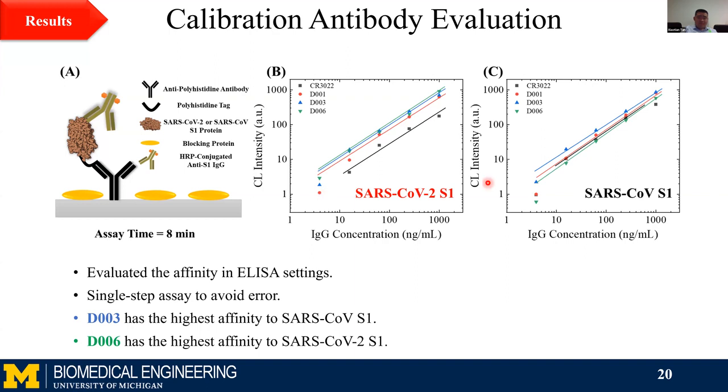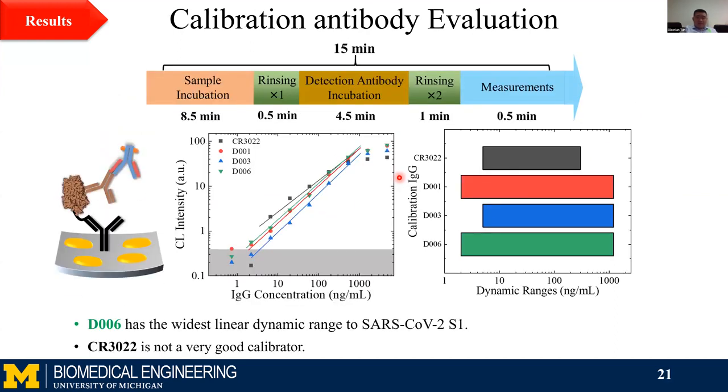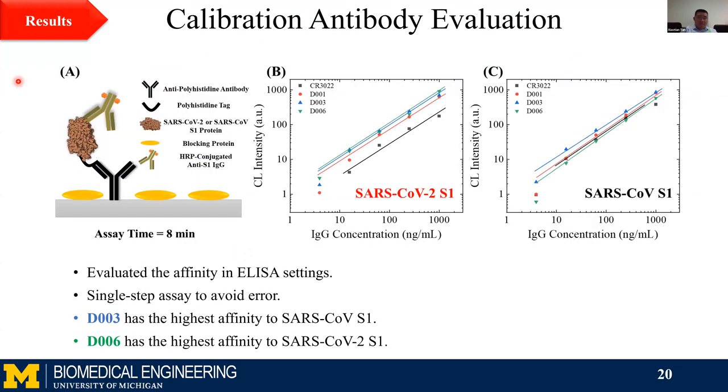In this case, we are directly evaluating their affinity in ELISA settings. However, the single-step ELISA can generate some measurement results, but it's not in a realistic setting. Remember that we directly conjugated HRP molecules on the calibration antibodies.